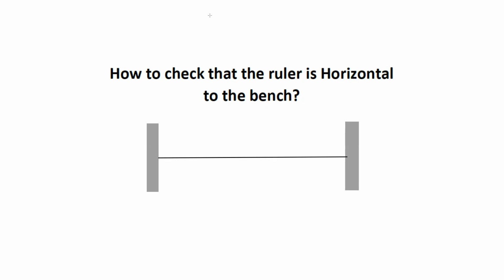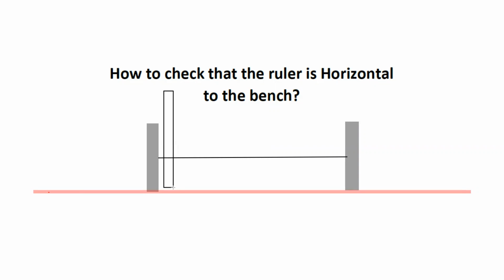So from the bench, how can I identify whether this wire is exactly horizontal? If this is the ground, we place a meter rule or a scale, and we measure the height from both ends.